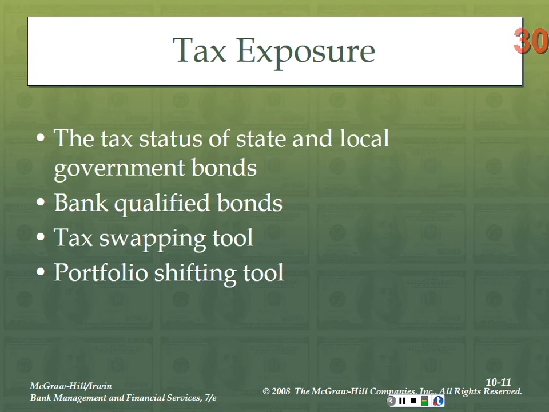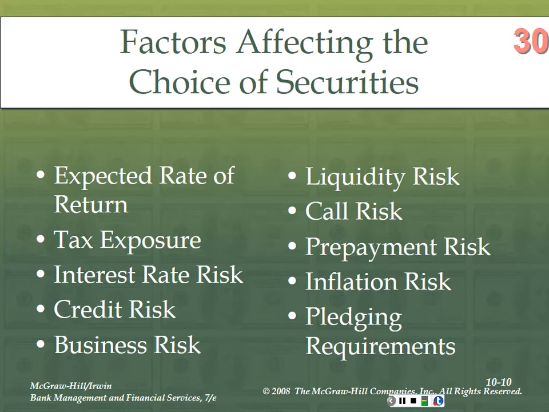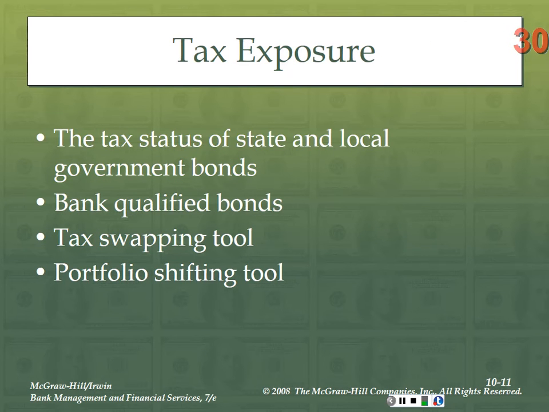All right, now, tax exposure. What we're doing is we're going to take a look at each one of these. So, tax exposure. We talked about the tax status of state and local government bonds. Typically, these are free from taxation, which is a great thing if you're an investor. You've also got bank qualified bonds, which would be the investment grade securities.